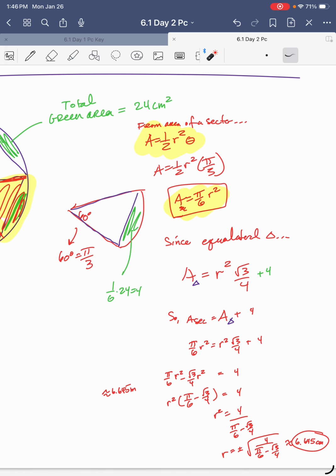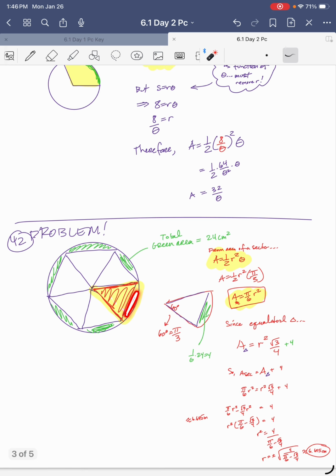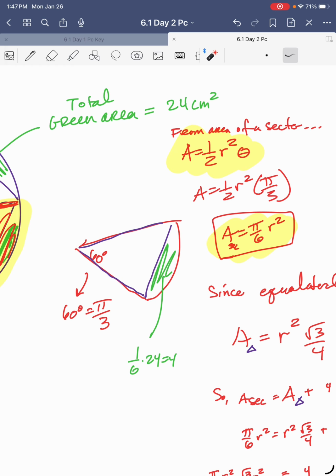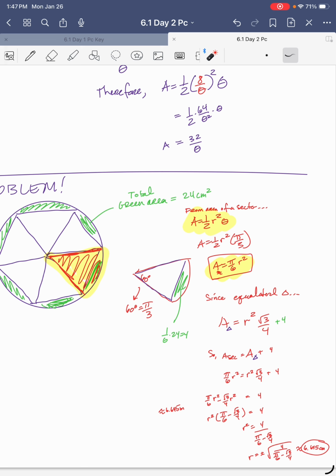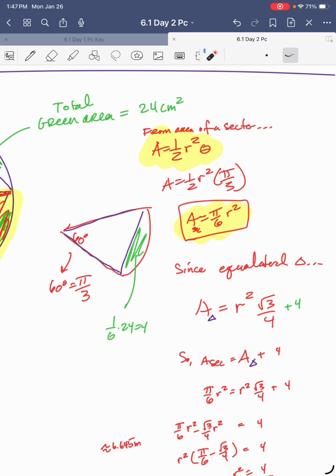Now, another thing to notice is we have all this leftover area out here. If we divide it into 6 equal pieces, I can find the leftover area just for one little sector when I cut out this equilateral triangle. So this little leftover piece right here is 24 divided by 6, which is 4.